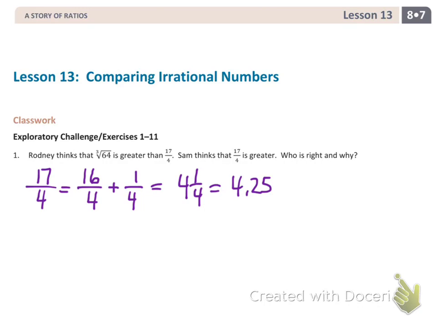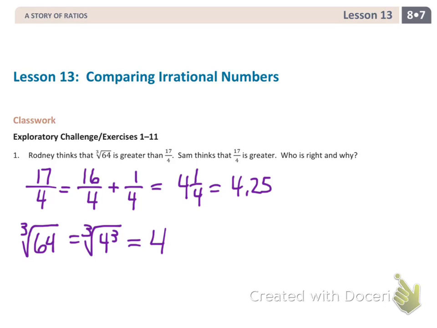The cube root of 64 is going to be the number that I use as a factor 3 times to get 64. I know that 64 is 4 times 4 times 4, or 4 cubed. So the cube root of 4 cubed is just 4.